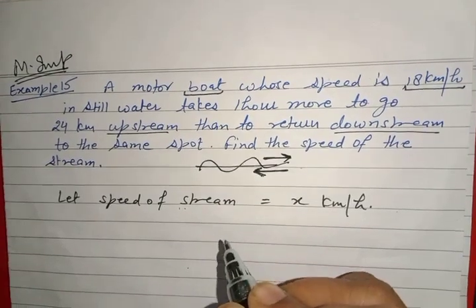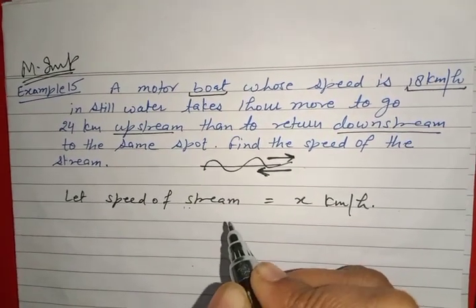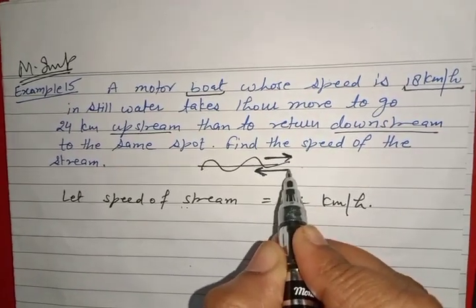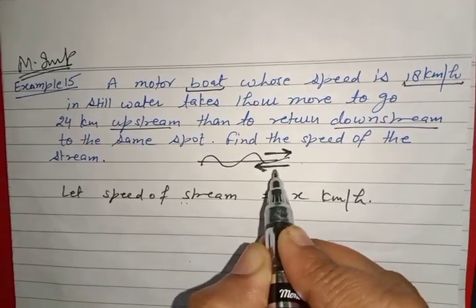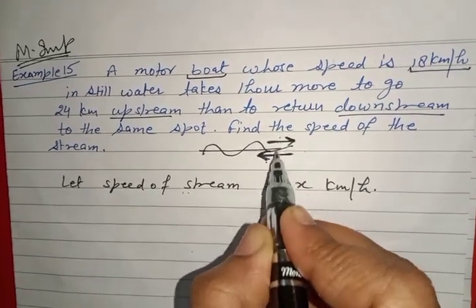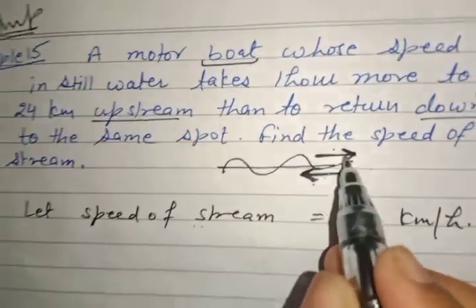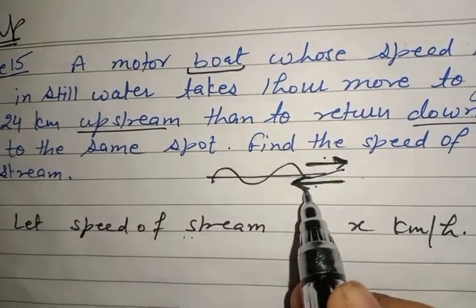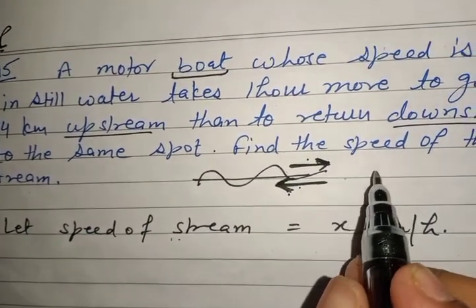It means the boat is going upstream. Upstream means they are in opposite directions, and the meaning of opposite direction is that one is opposing the other, and if one speed is opposing the other, then we have to subtract.